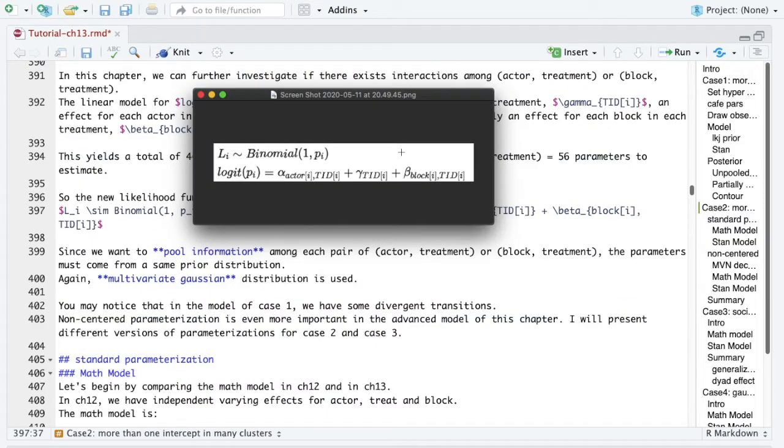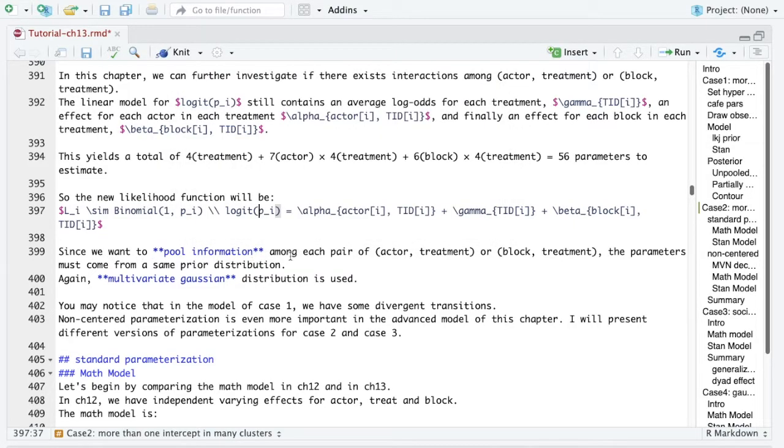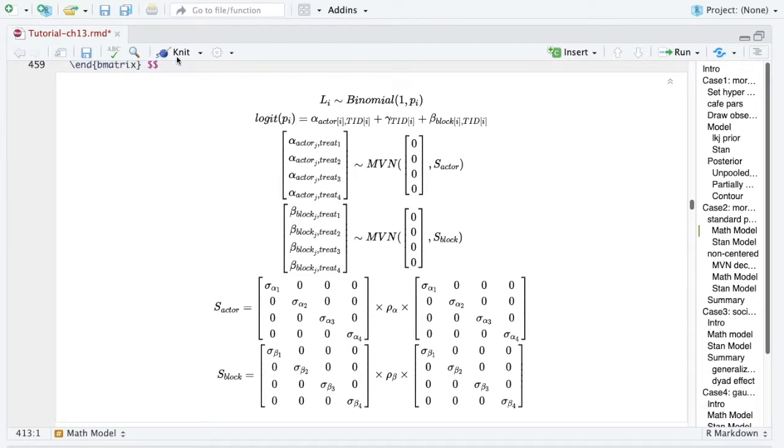We not only have more parameters, but we also want to pool information among each alpha treatment pair or block treatment pair. So we will again use the multivariate normal distribution as their prior distribution. Here's a quick review of the model we used in chapter 12, and we can compare it with the model we used in chapter 13. The only difference is that we now use the MVN distribution as our prior.